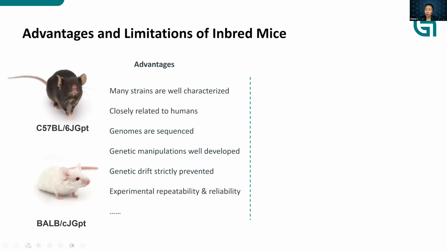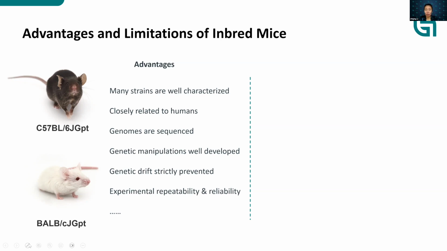For the coding regions, they're actually about 85% identical to the human coding sequences in the genome. Their genomes are sequenced, so we also have the tools to do genetic manipulation so that we can deep dive into the gene function and protein function and biology behind those coding ACGTs.